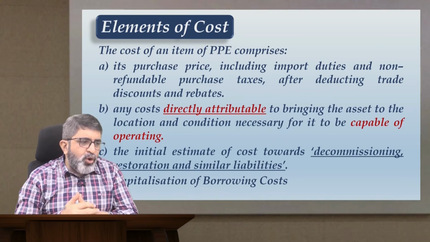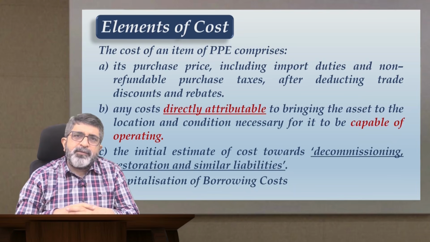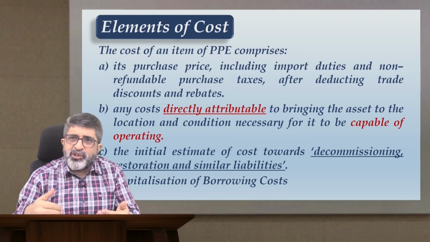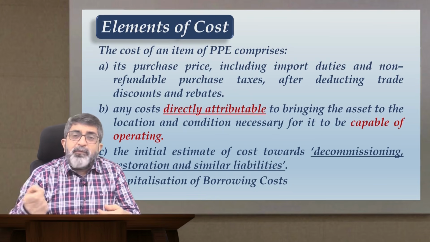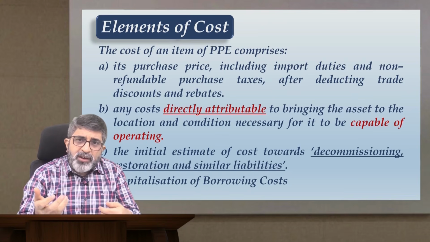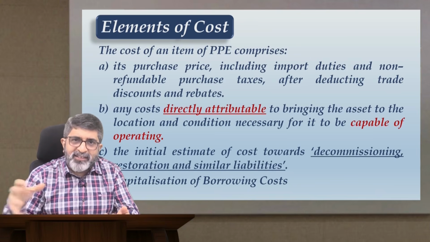Then non-refundable purchase taxes. Now we have generally a system of indirect taxes which is known as VAT, value added tax. In certain countries like India, it is GST, goods and service tax.